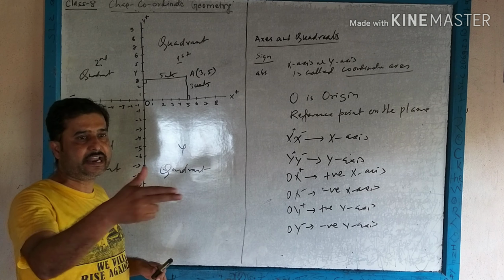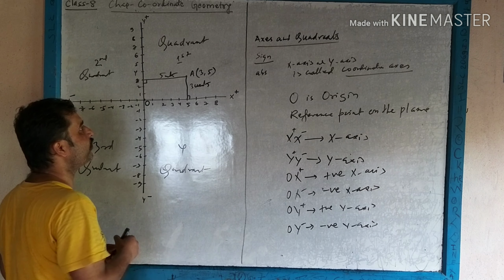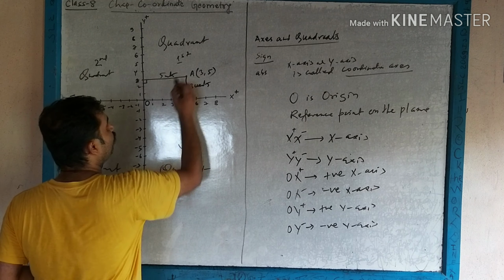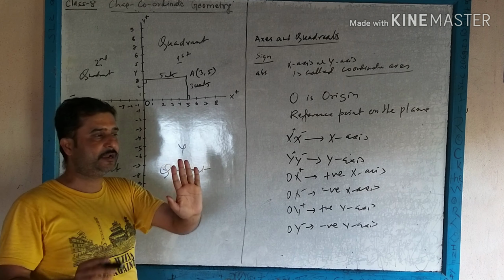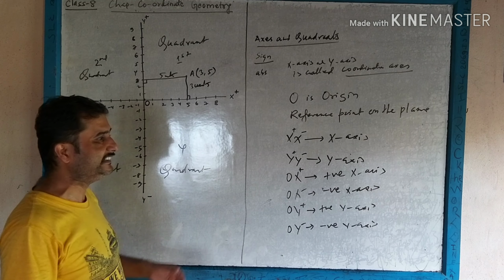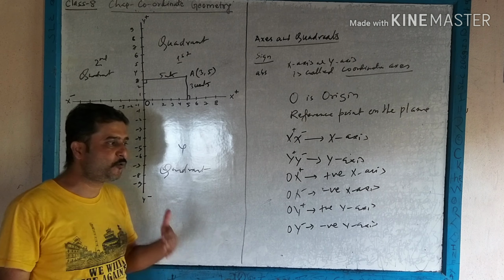If I talk in another way, how far is the point from the origin? Then you would find the distance, but we have not studied distance yet. So let us see in terms of the x-axis and y-axis.